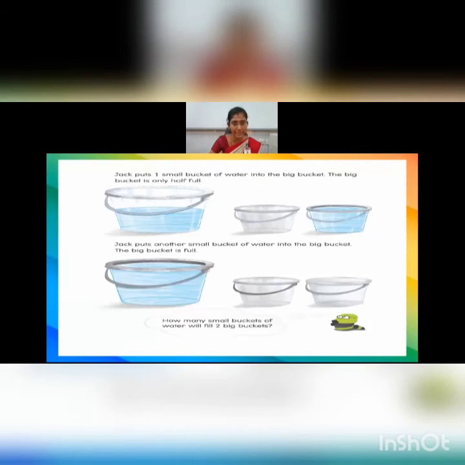Let me read it. Jack puts one small bucket of water into the big bucket. The big bucket is only half full. Now look at this picture. Now the big bucket is half full.